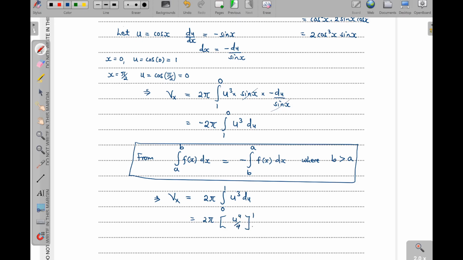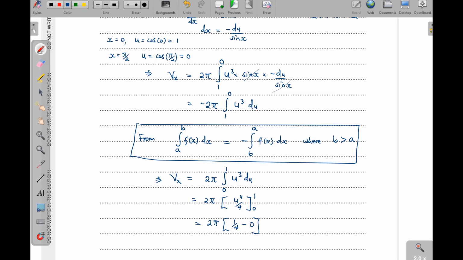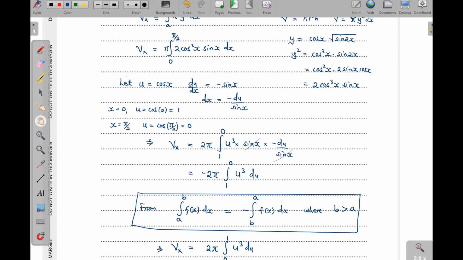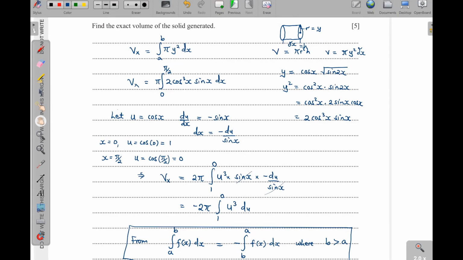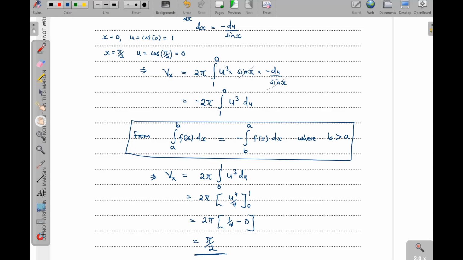And then you put 1 and then the 0. So this will be 2 pi, then into 1 over 4, then minus, of course, 0. So that means this will be 2 pi over 4, which is actually pi over 2. And that will be our exact answer. And I think they told us to give the exact, so find the exact volume. The answer is pi over 2.